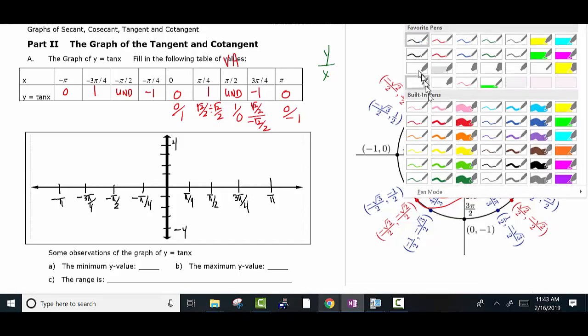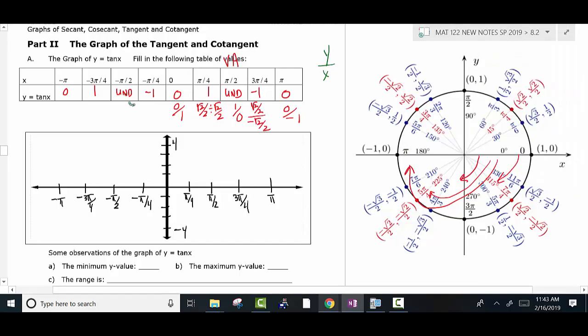So what happens on a tangent graph is we're undefined at certain places. One place is pi over 2, so we're going to end up having a vertical asymptote there, just like we had on the secant and cosecant. Also at negative pi over 2, you want to sketch out a vertical asymptote. And then the rest of this, we're just going to plot points.